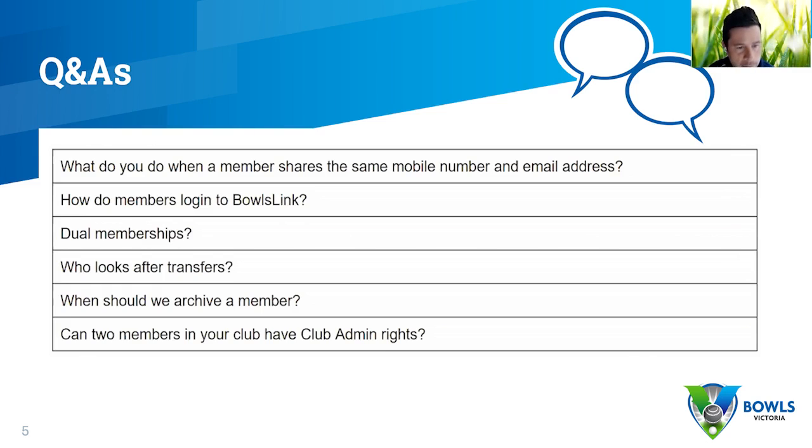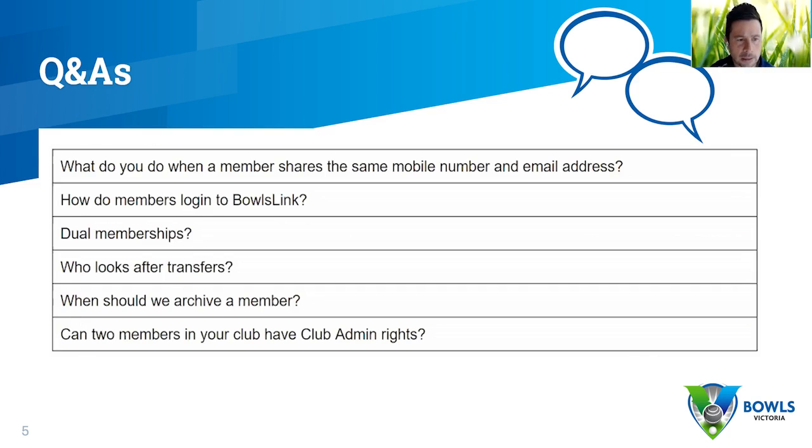Okay, we've got when should we archive a member? I generally do this at the start of the season, and I have a look at any of my members that have transferred to another club, and I would be archiving them. Just remember that Bowls Victoria will do that for you. And then I have a look at any members that I know that sort of started off and then really haven't come back.